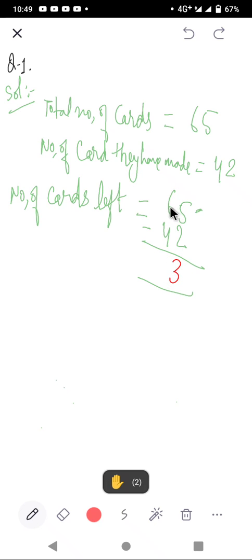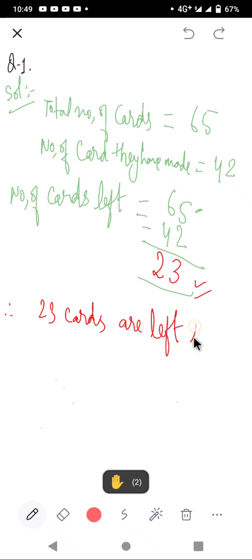And now tens we will subtract. 6 minus 4 is equal to 2. So total 23 cards are left to be made. So we can write this statement here. 23 cards are left to be made. Got it?